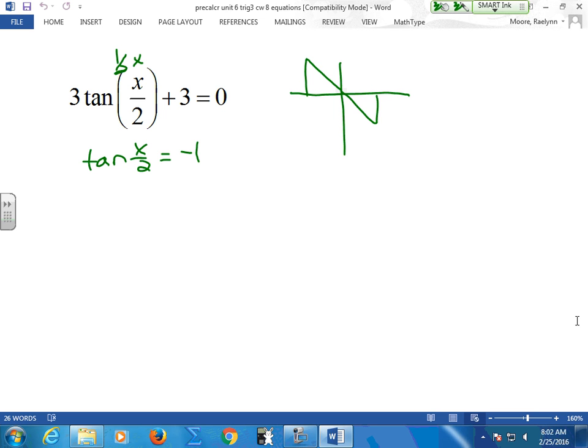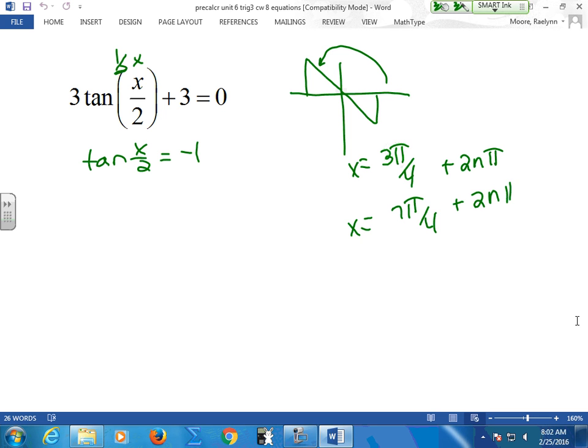And what reference angle do we have? So, what are your angles? This guy is 3 pi over 4. And what's this guy? 7 pi over 4 plus 2n pi.